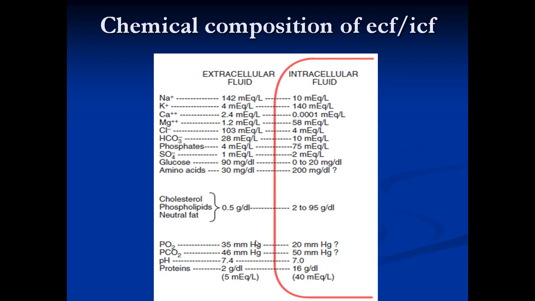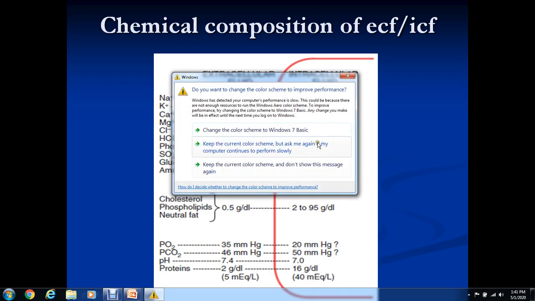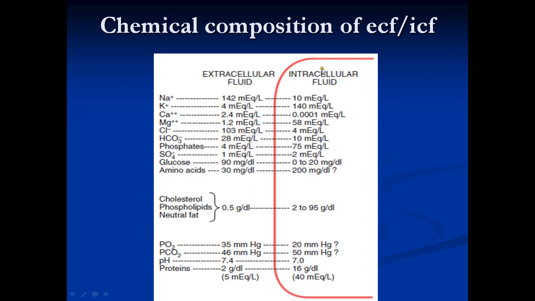Now this diagram shows the chemical composition of the extracellular fluid and the intracellular fluid. This is the intracellular fluid, here is the extracellular fluid. At this particular moment you must remember the sodium concentration outside the cell and inside the cell, the concentration of the potassium outside and inside the cell, and the concentration of the chloride outside and inside of the cell.